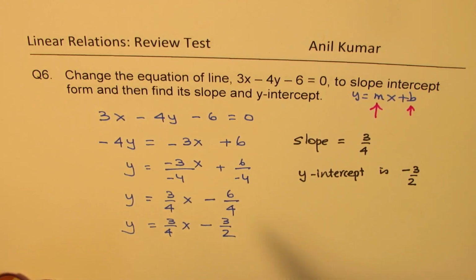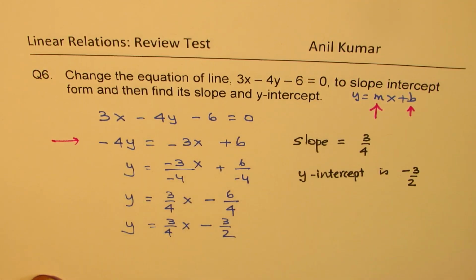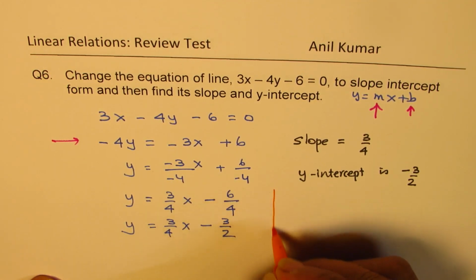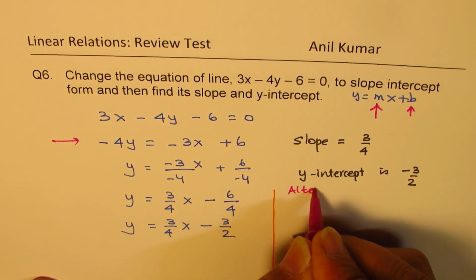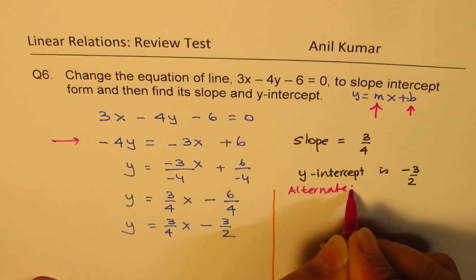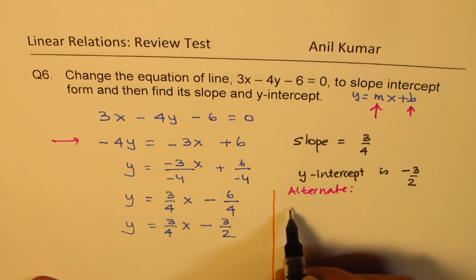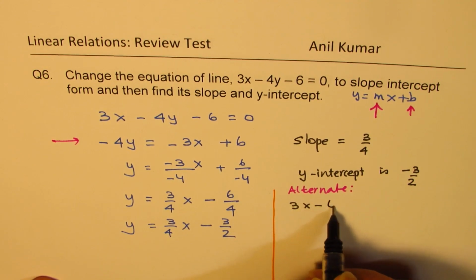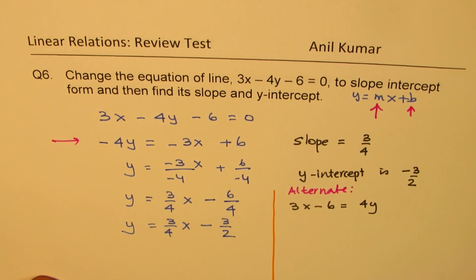Now there is an alternate way. In this step, we could take 4y to the right side, right? So let me do the alternate method also. That is shorter. So what we do is, we take minus 4y and write this as 3x minus 6 equals 4y, right? So you avoid too many negatives.